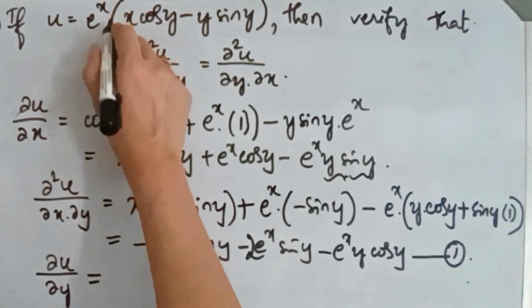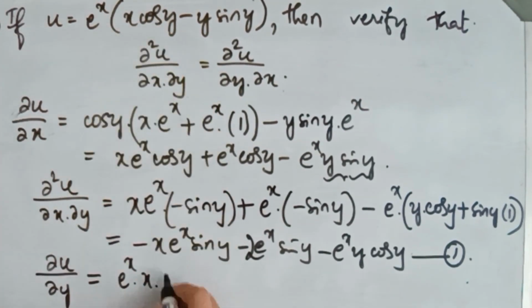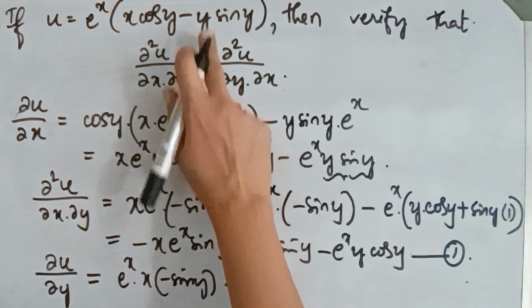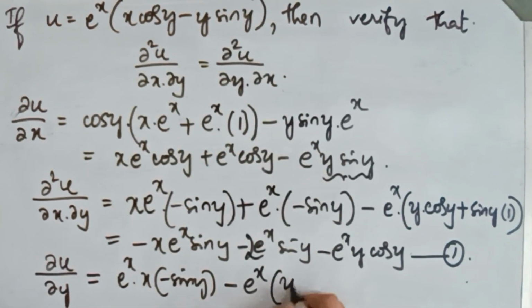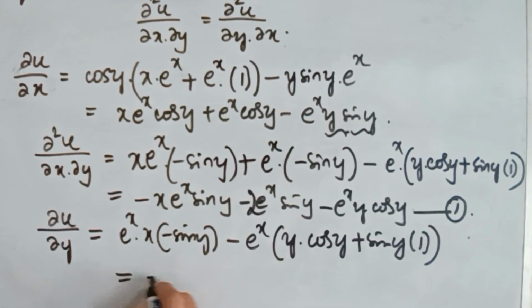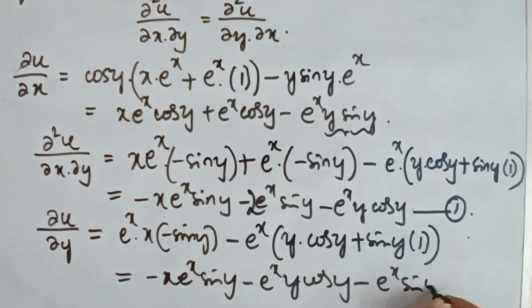So x is a constant, e^x is constant, derivative of cos y is minus sin y, minus e^x is a constant, y sin y, product rule, y into derivative of sin y is cos y plus sin y into derivative of y is 1. So when you simplify this, you will get minus x e^x sin y minus e^x y cos y minus e^x sin y.